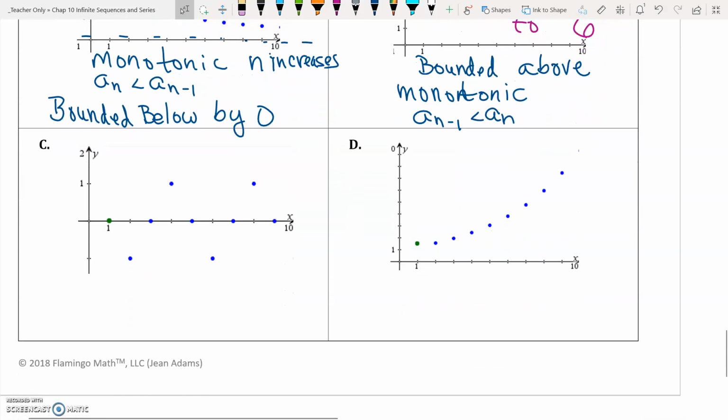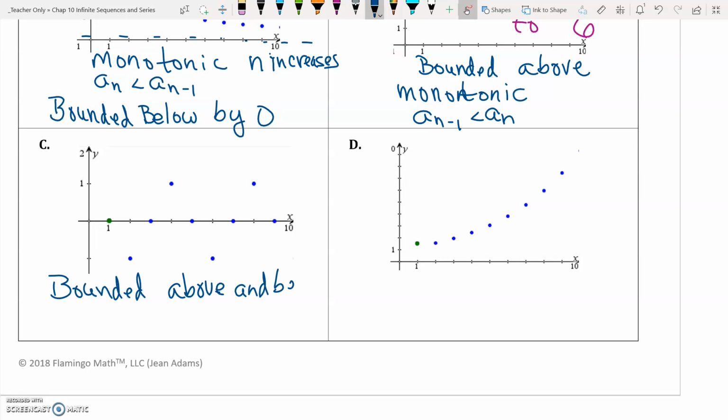Our last two examples. For this one, what we can see is that this is indeed bounded. This is a bounded sequence. It's bounded above and below, because we could pick a number above and below our smallest and largest values and bound it.